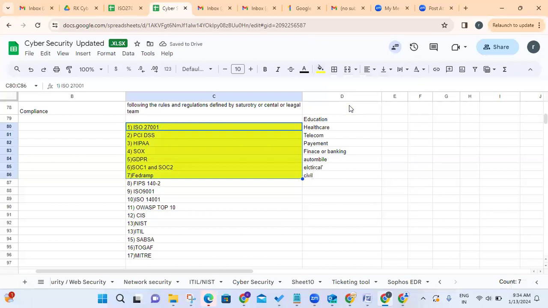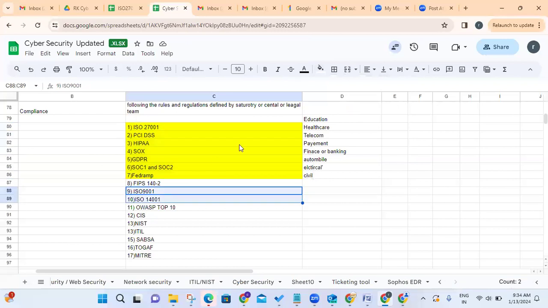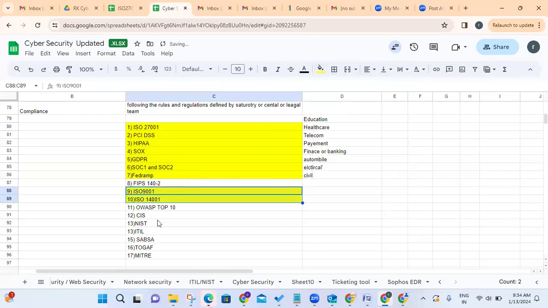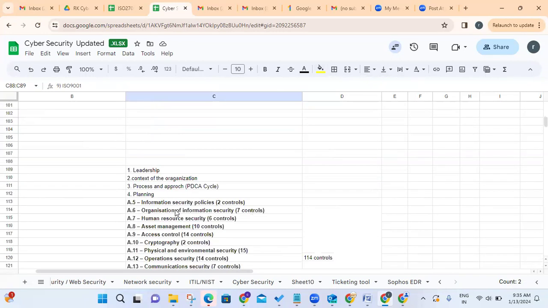Okay, those are certificates. The remaining ones are processes, ISO 14001 and 9001. The remaining 8 and also 11 to 17 are frameworks or processes. So every company has to implement them. That is the role basically dedicated to ISMS or ISO 27001 and 27002.